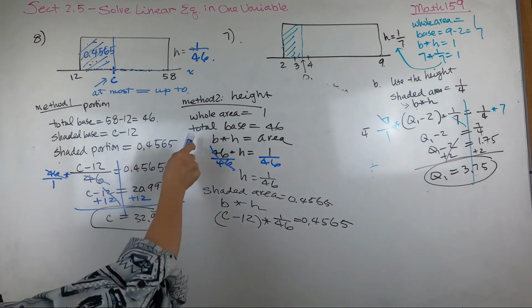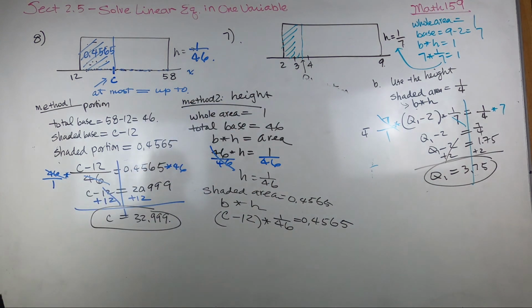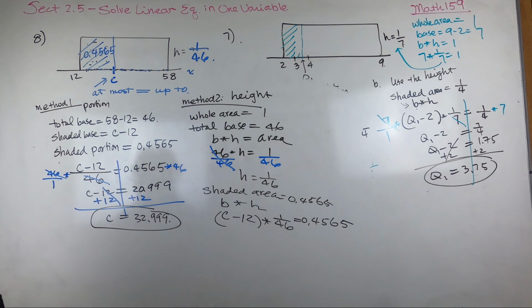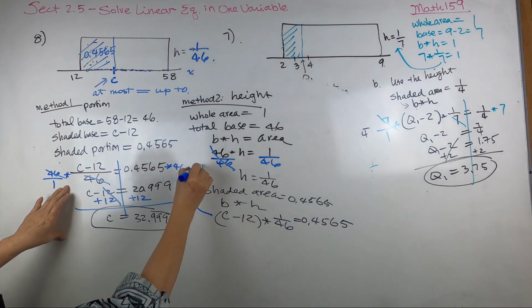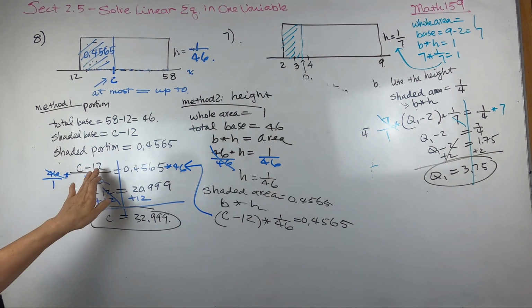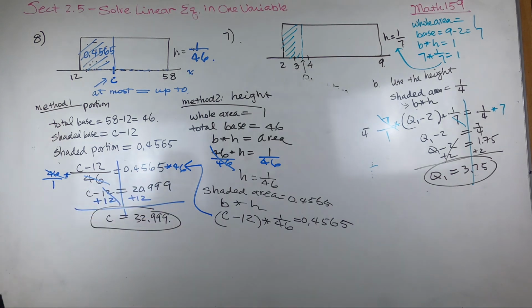With the same height for the shaded area and the whole area, you get this one. Actually, this one is the same thing as this one, right? C minus 12 times 1/46 is this. Then you solve the equation just like that.